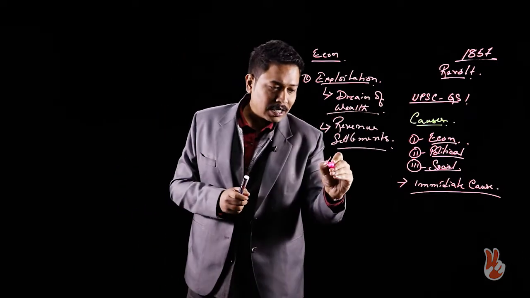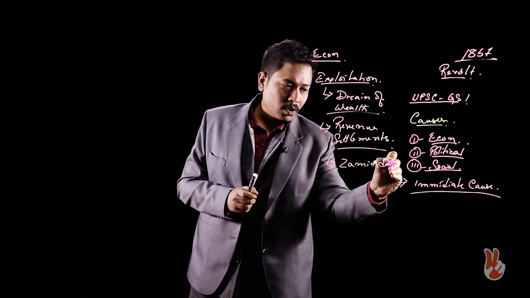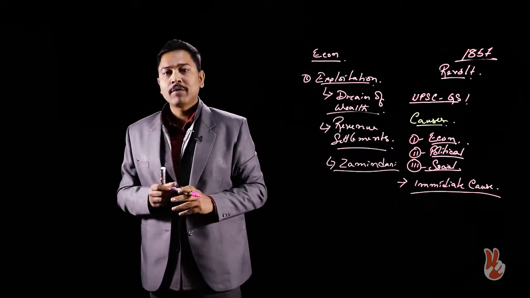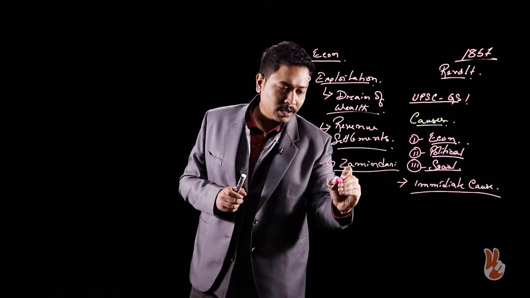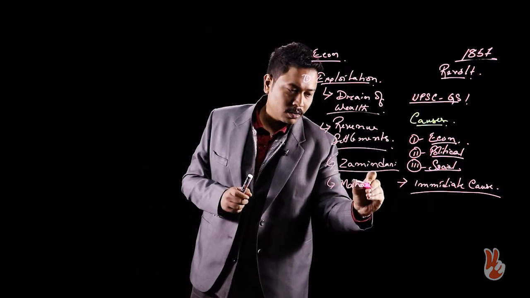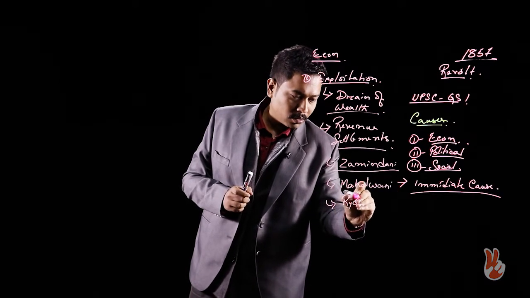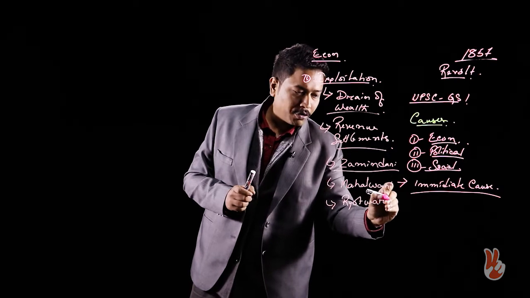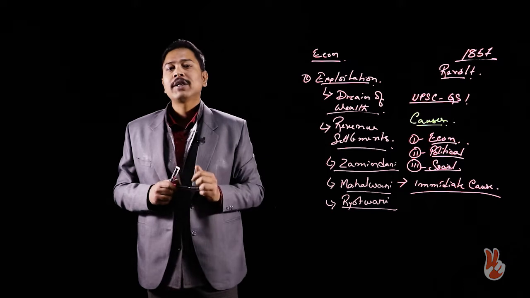You see, the zamindari settlement, which was instituted in Bengal after Bengal came into the possession of the British, the Mahalwari settlement and the Rayatwari settlement, all three of these revenue settlement systems were exploitative in nature.